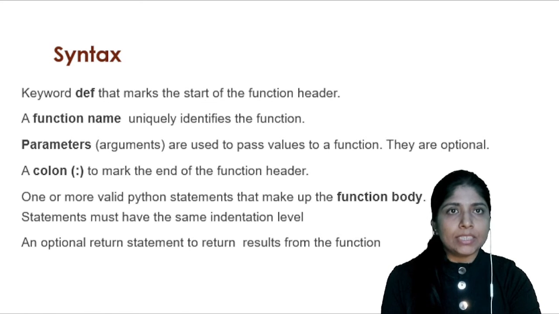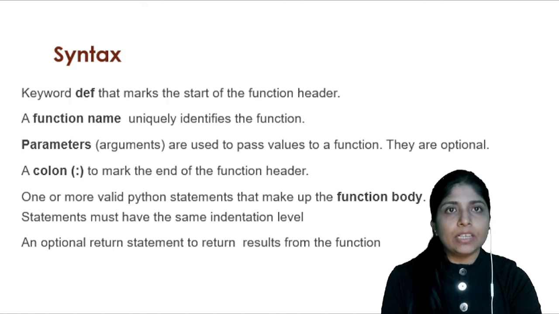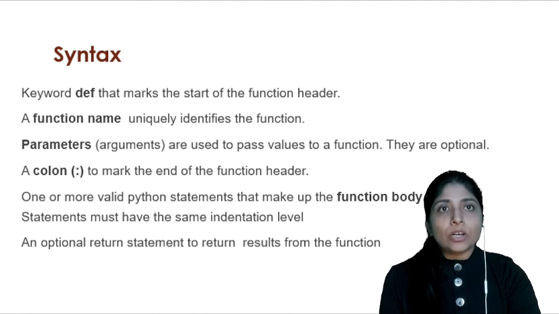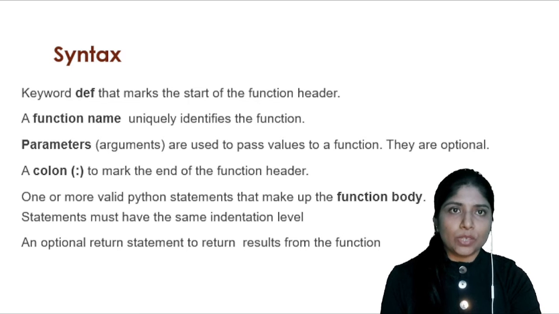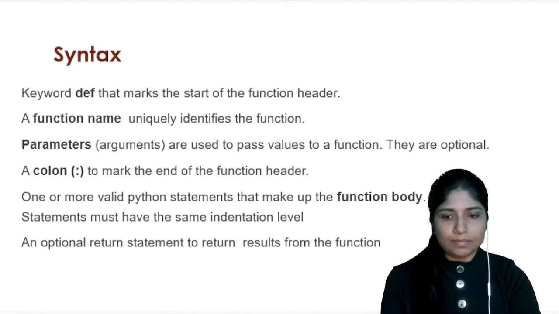Parameters are the values that we have to pass to the function so that the function can execute and provide you a result. A colon is given at the end of the function definition to indicate that the block of statements you have written below will belong to the function. And the return statement is optional. If you have any value to return, you can use the return statement. If your function is not returning anything, the function will return None.